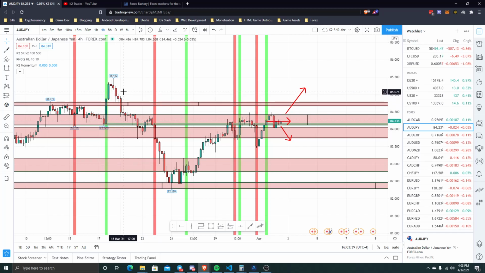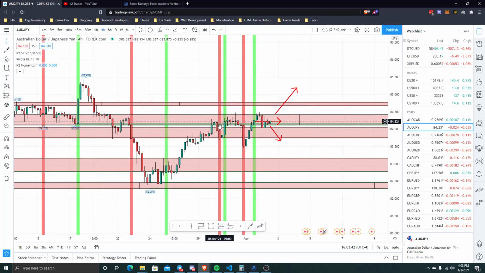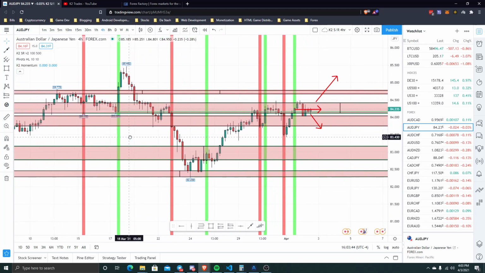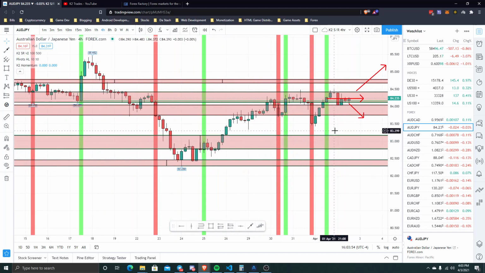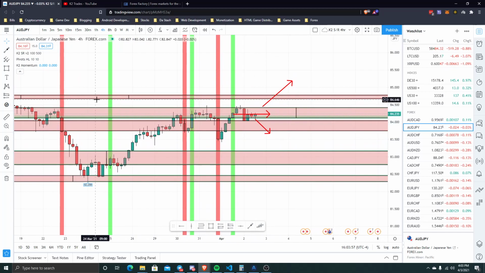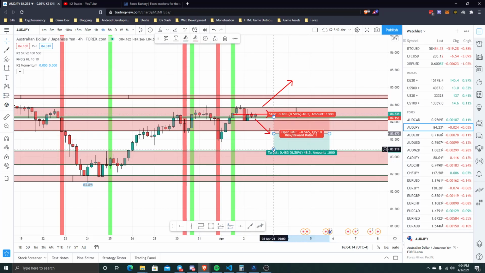AUD JPY is not a pair that I really trade that much because it moves very, very slow. There's not very big pip movements, I guess you can say, with this pair. But like I said, within my next trade, if I do take a trade, I'm gonna repeat one more time, I'm gonna take my trade down here for maybe 50 pips if we get another bearish signal here.